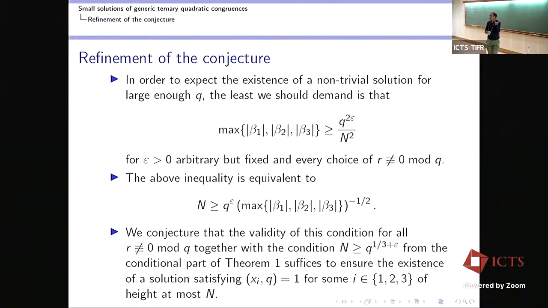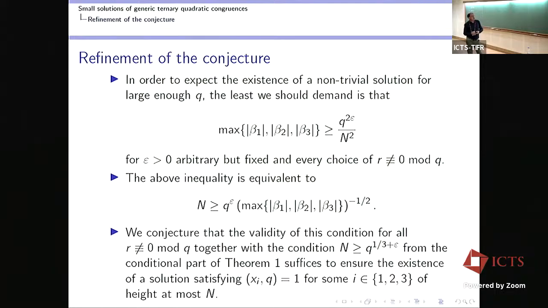And now our conjecture is that, in fact, that's the only constraint, the only obstacle for small solutions. So this possibility that the coefficients may be well approximated simultaneously by fractions with a small denominator.